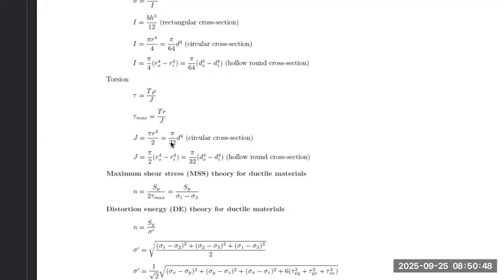And J is the polar moment of inertia. For a circular cross-section, it's going to be pi times d to the 4 over 32. So we will use J along with our equation for tau in order to solve the problem.